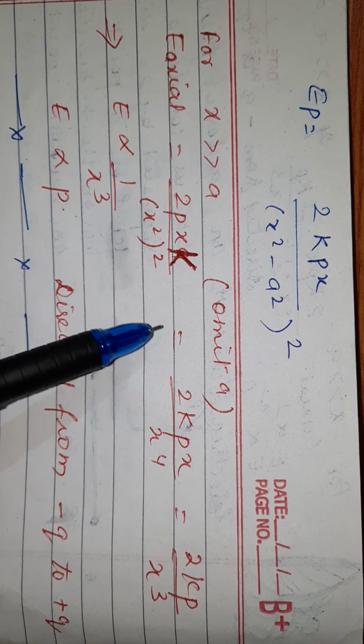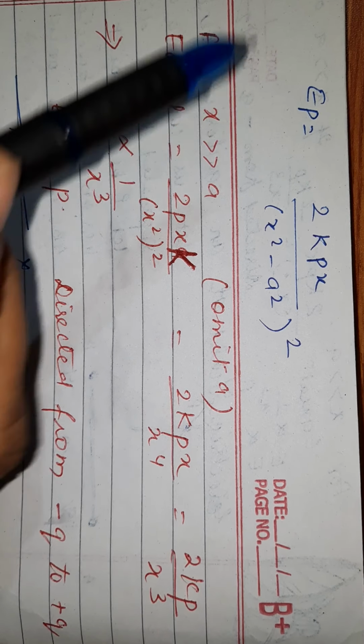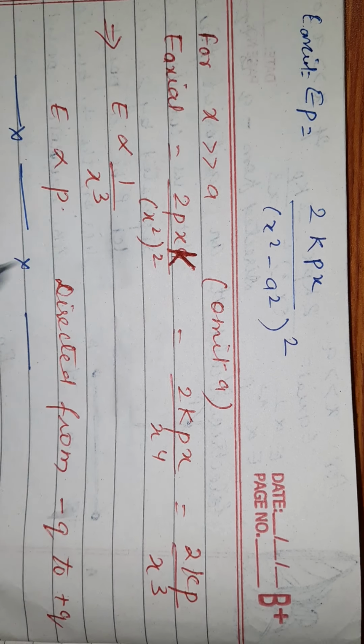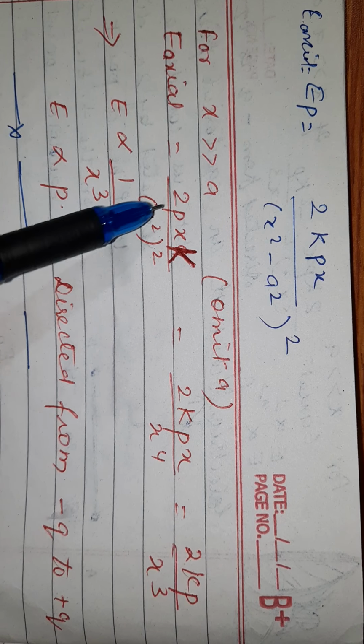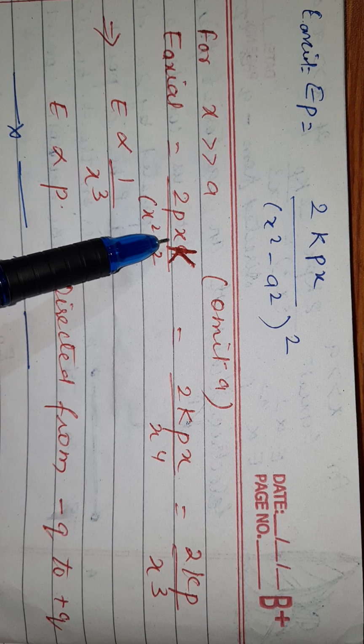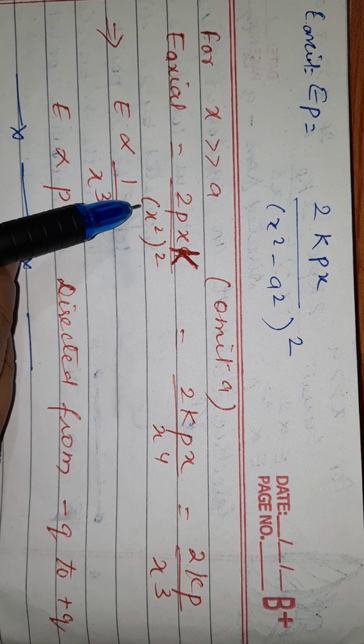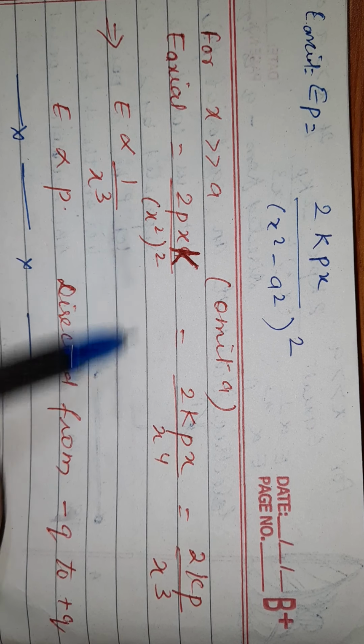So E axial can be written as 2p x into k divided by (x square) whole square, or we can write it as 2kpx upon x to the power 4, cancel this x, and here it will be x cube, so 2kp upon x cube.